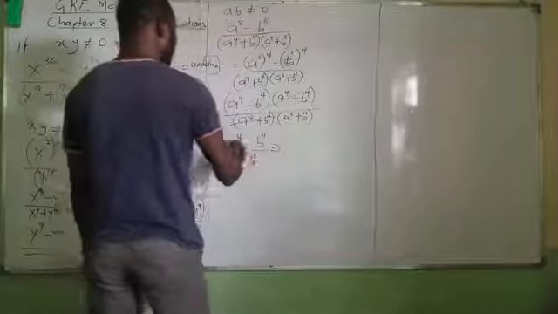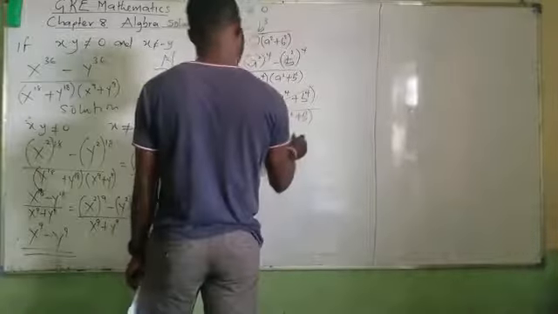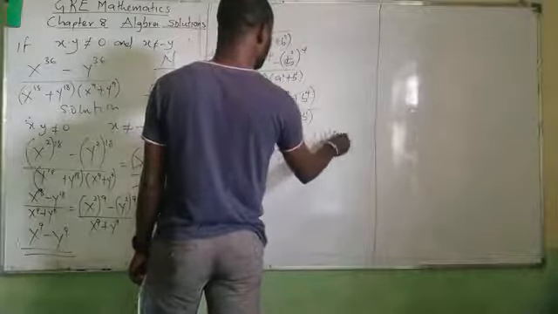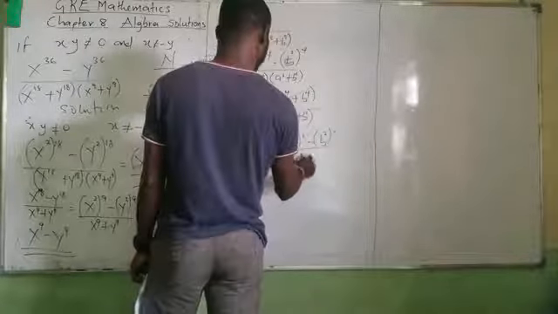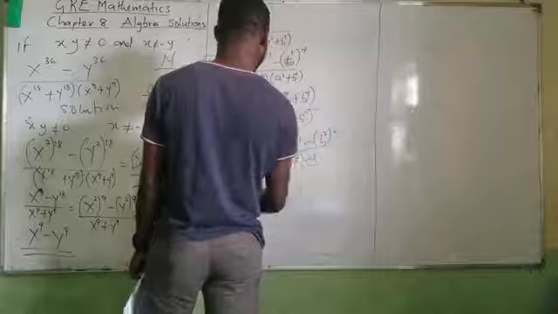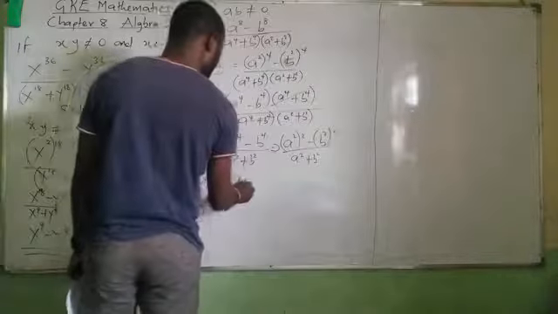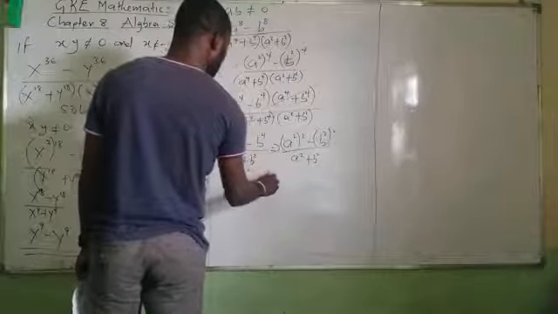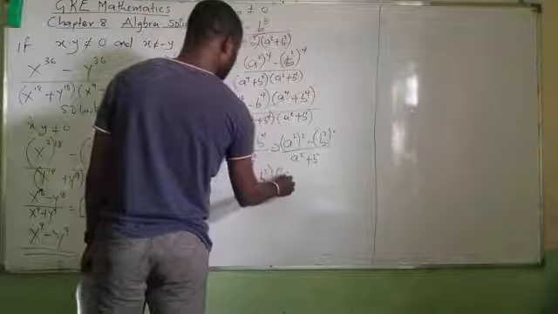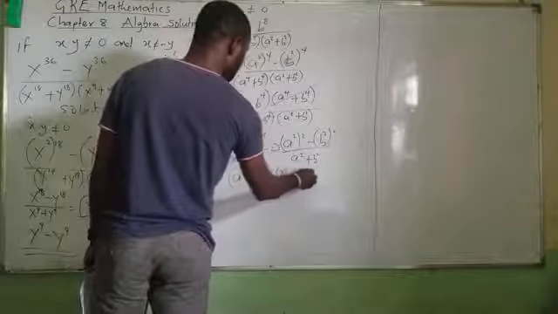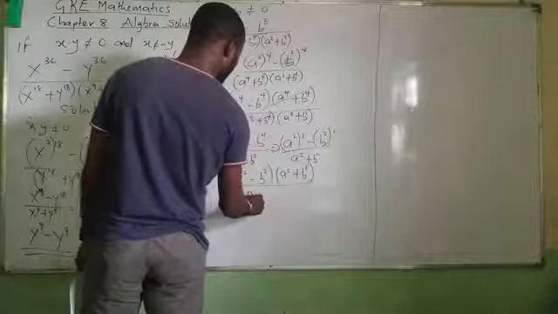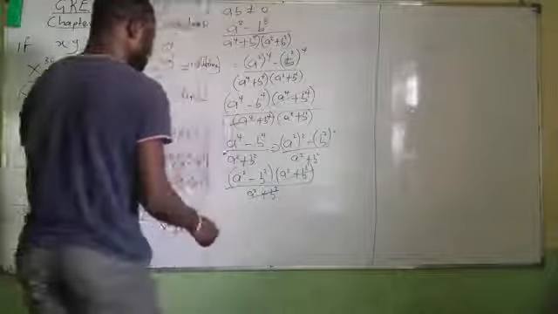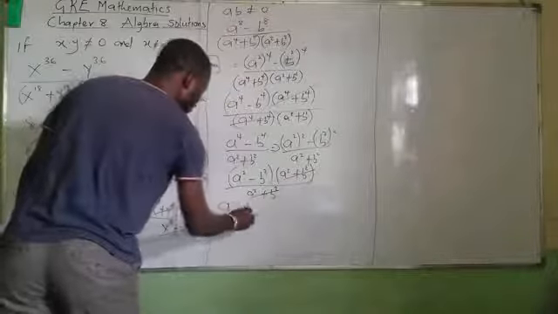Likewise, I can write a^2 minus b^2 and a^2 plus b^2 divided by a^2 plus b^2. This will cancel this. Now, left with a^2 minus b^2.